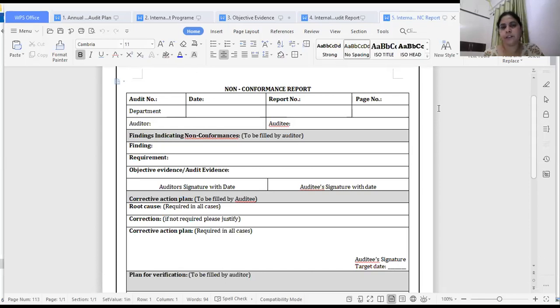Objective evidences, the audit evidences for me, are the reports of the audits. The NC was raised because of the non-availability of the process owner, the auditee. Later we got the corrective plan. It took 1 month to close this non-conformance.